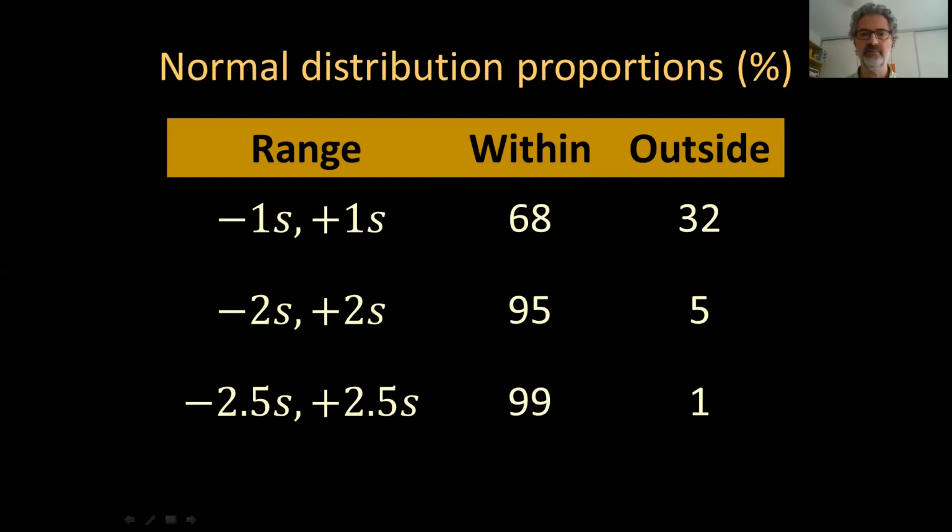So the standard deviation of your sample, 68% will be within 1 standard deviation, 32% will be beyond, 95% within 2 standard deviations, and so on. So this is also true of samples. It's true of any set of values that are approximately normally distributed. And that's why the normal distribution is so important.